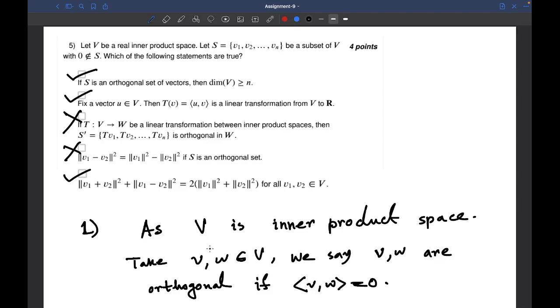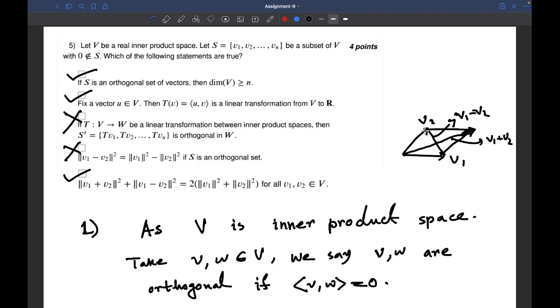In an inner product space, this identity is called the parallelogram identity. Note that if you take two vectors V1 and V2 and form the parallelogram with these two sides, then one diagonal will be V1 plus V2 and the other diagonal will be V1 minus V2.